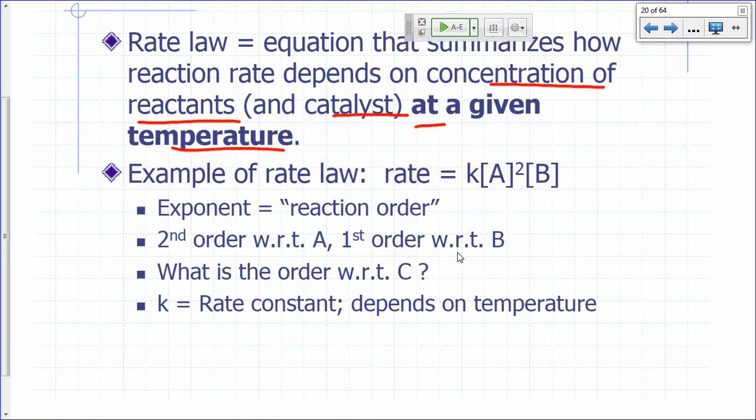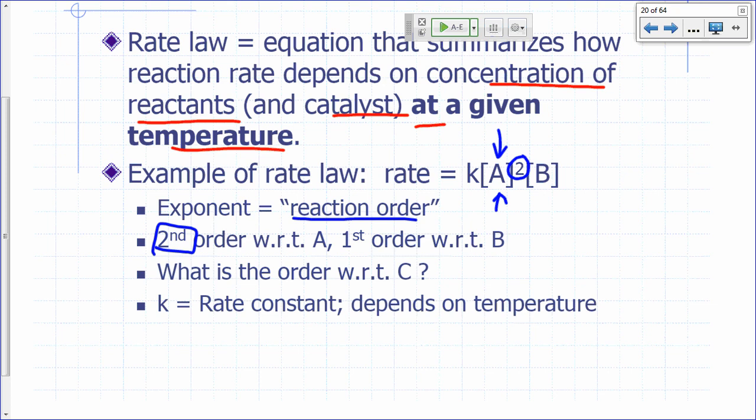Okay, the exponent that you raise the concentration of a reactant to is called the reaction order. So if your rate law is written like this, we say that the reaction is second order with respect to reactant A. Okay. So when we say the reaction is second order with respect to reactant A, that means what?